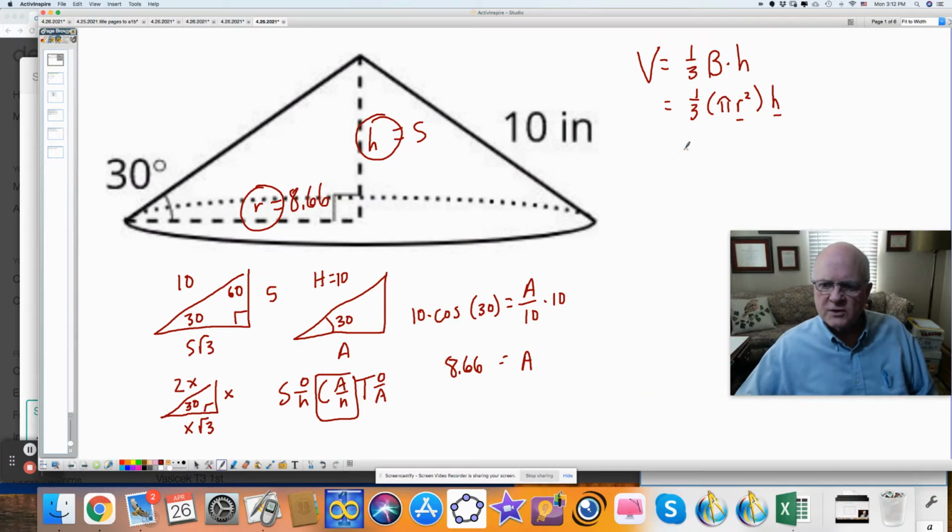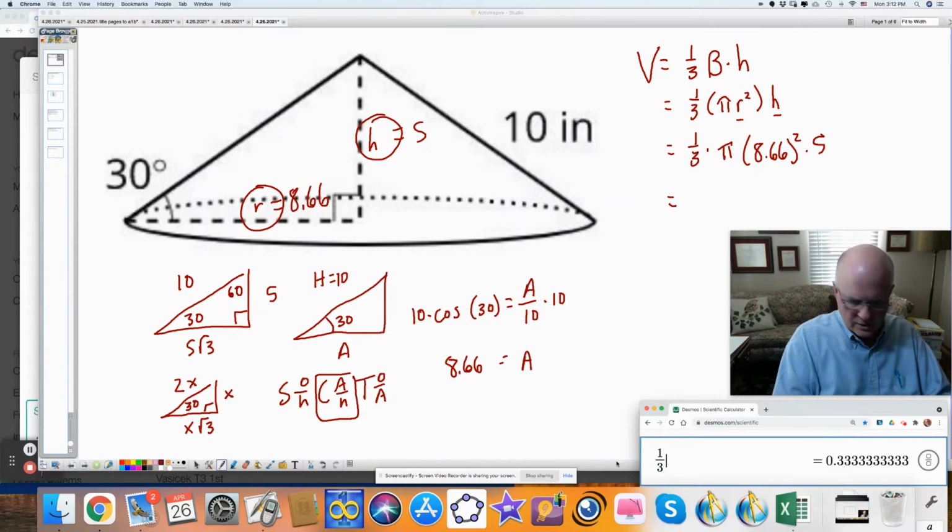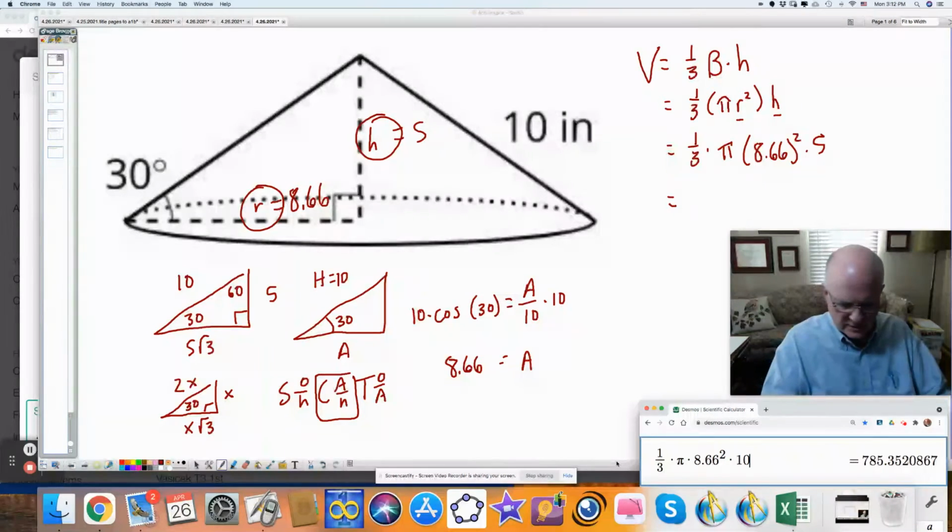We can substitute that in, 8.66 and 5. Now when we plug these values into the formula, we have 1/3 times pi times 8.66 squared times 5. We'll substitute those values into our calculator: 1/3 times pi, times 8.66 squared, times 5.